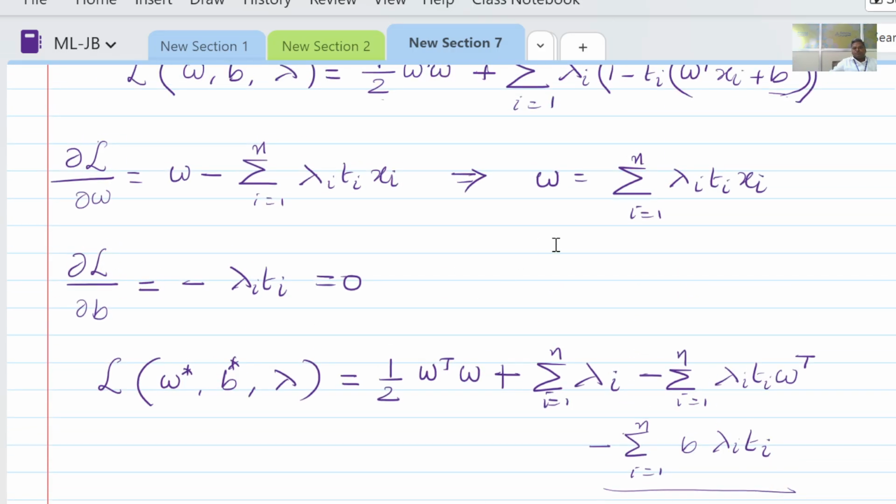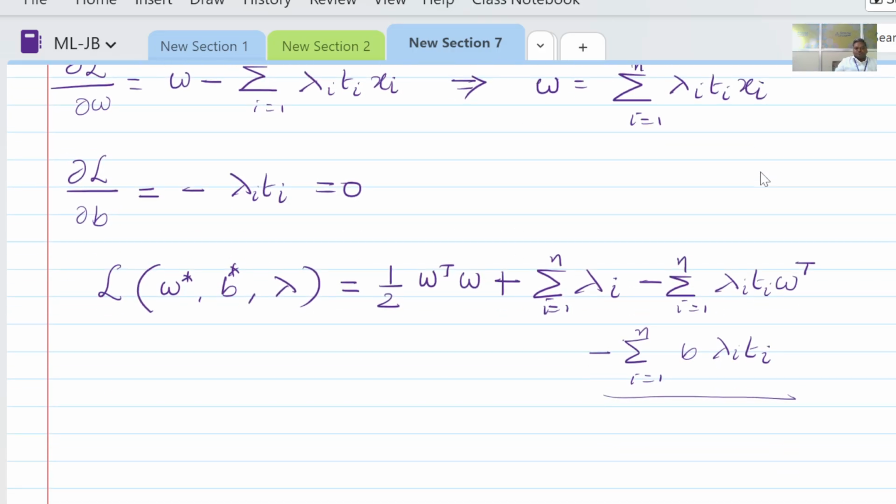What is the W value? W value is sigma. So I will substitute the values here. These are optimal values.